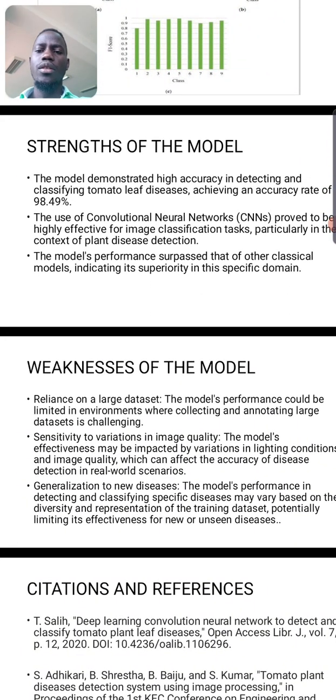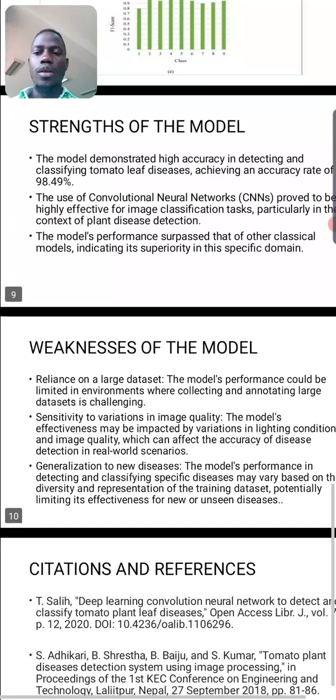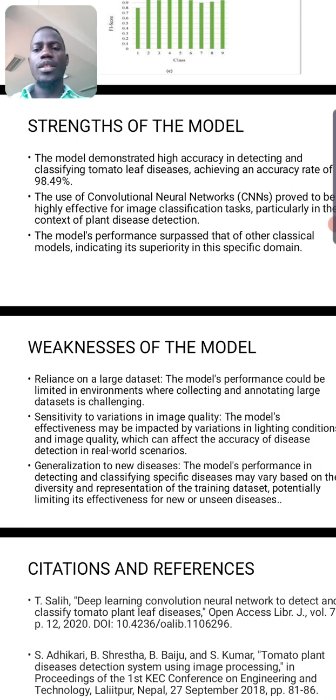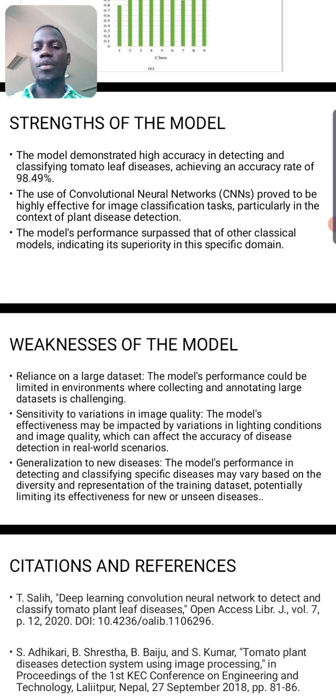Then the strength of the model is that the model demonstrated high accuracy in detecting and classifying the tomato leaf diseases. That is, it had a 98.49% accuracy in identifying and classifying the tomato diseases. Also, the use of this CNN model proved to be highly effective for image classification tasks.